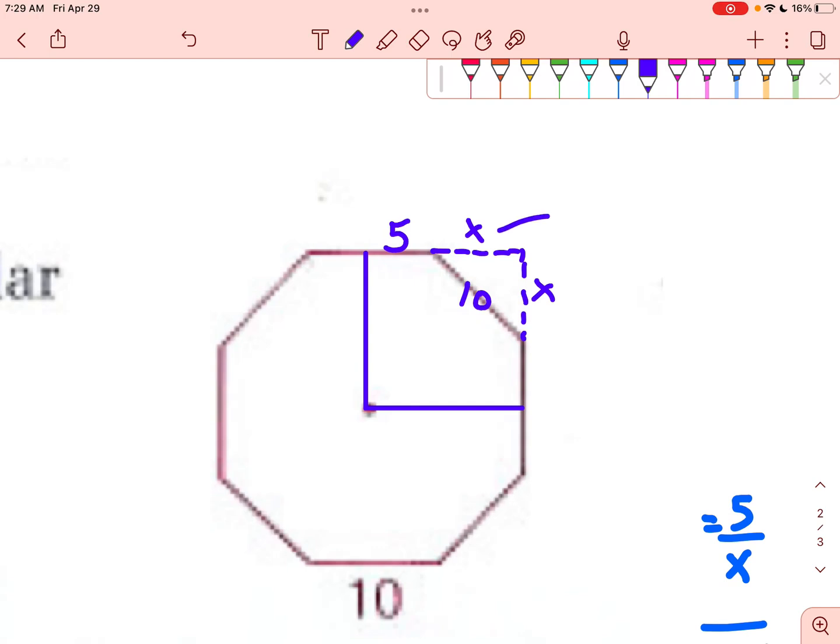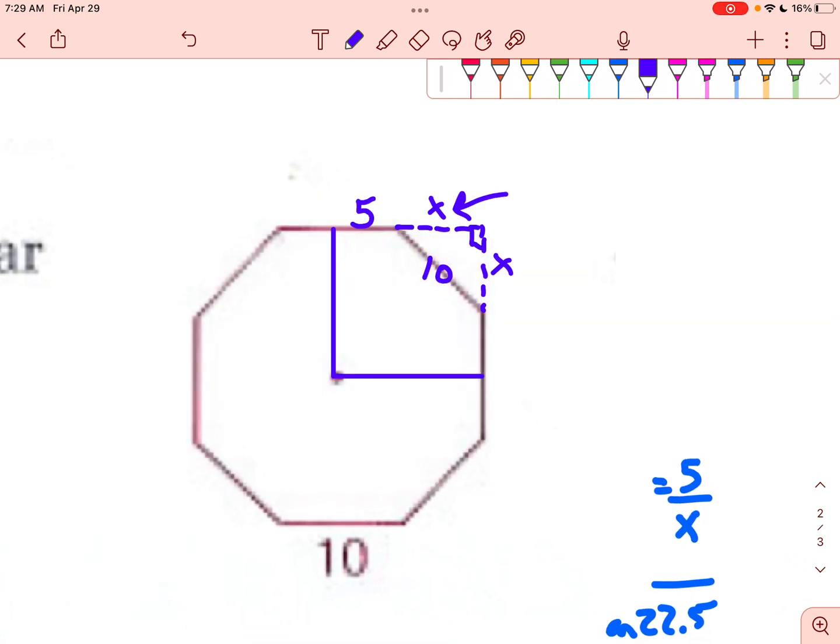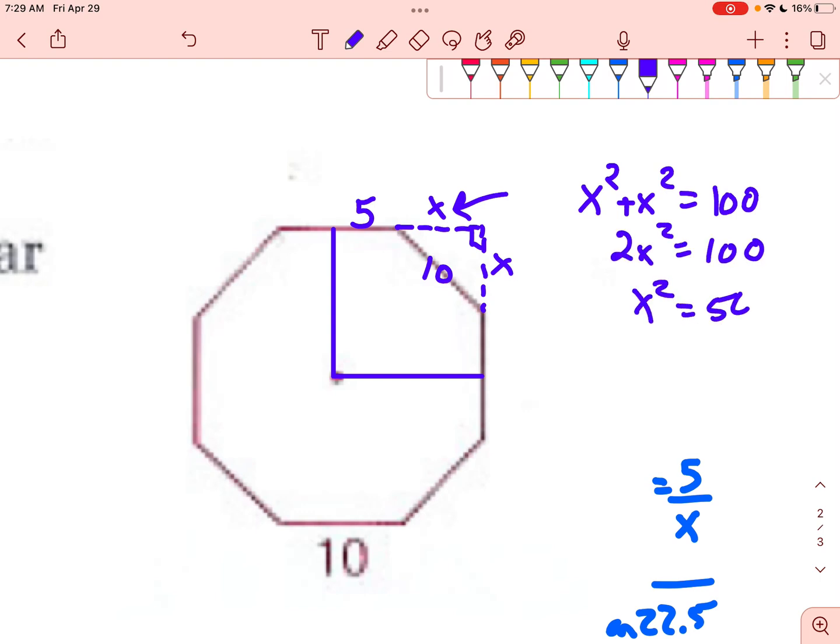So you can solve for this x piece if you take a look at this 45, 45, 90 triangle. And again, if you forget 45, 45, 90, guys, x squared plus x squared equals 10 squared. 2x squared equals 10 squared. X squared has to be 50, and then you take the square root of that and you get 5 root 2.